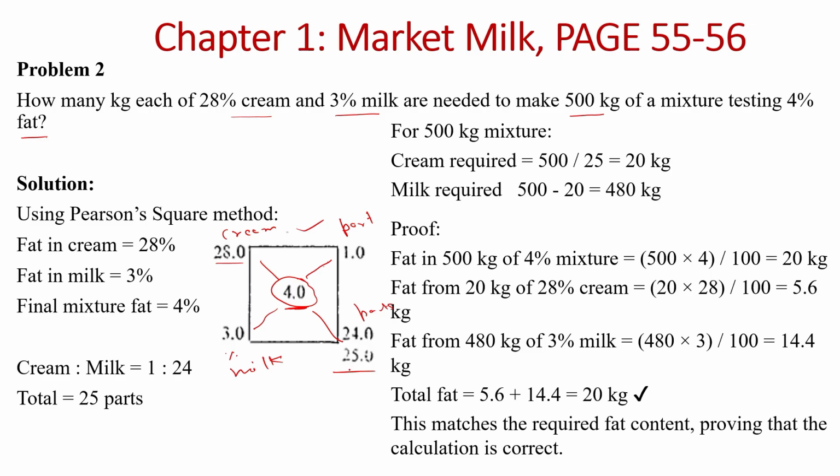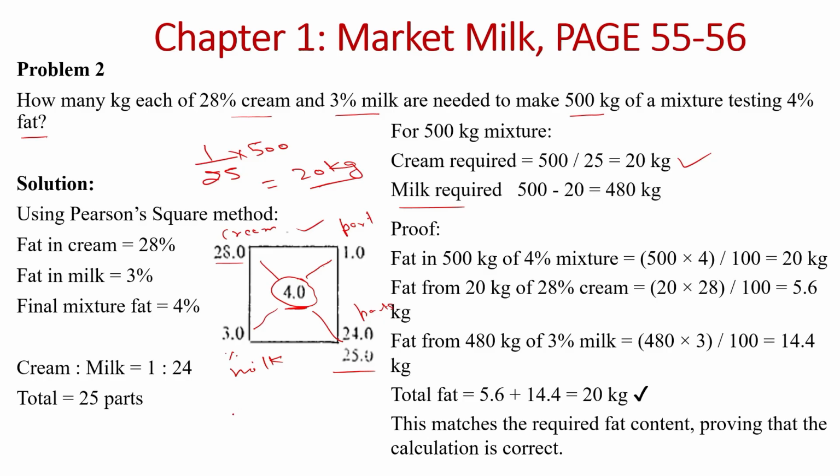Now since we are given the quantity also, if you want to calculate the kg of 28% cream, that will be equal to 1 divided by the total 25, into the final mixture given, 500, so it will be 20 kg.